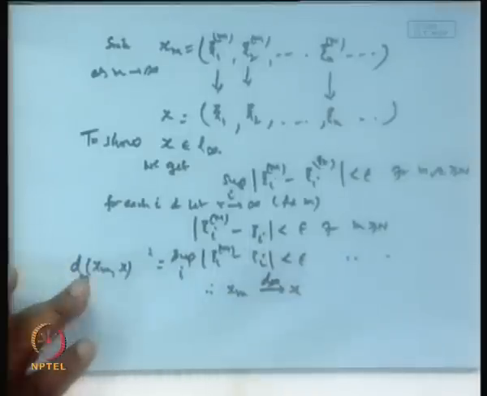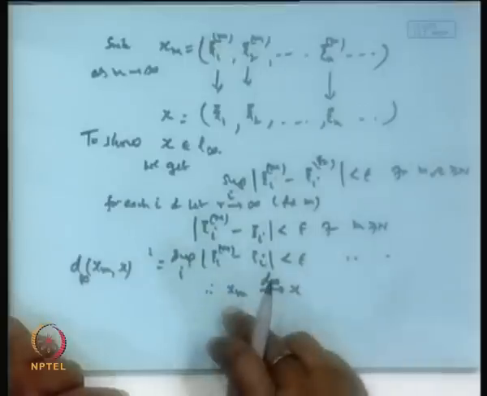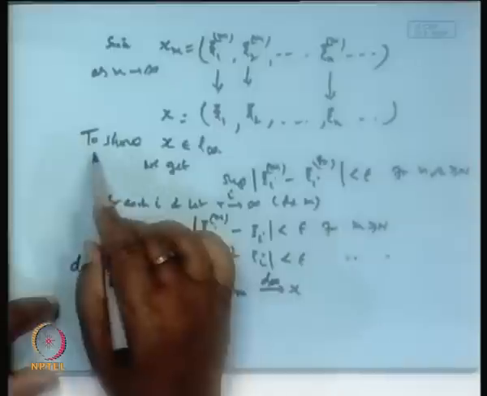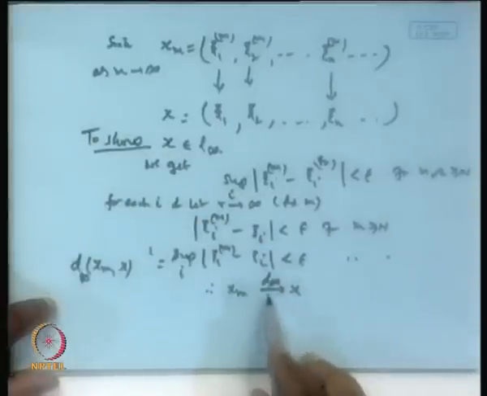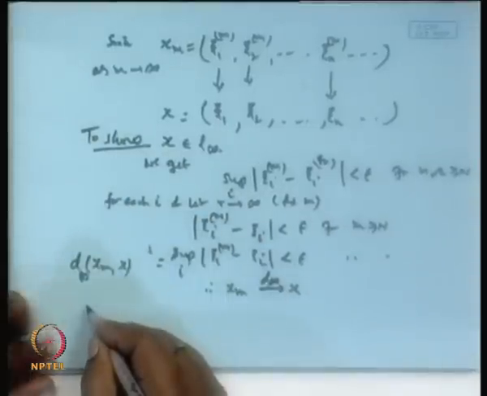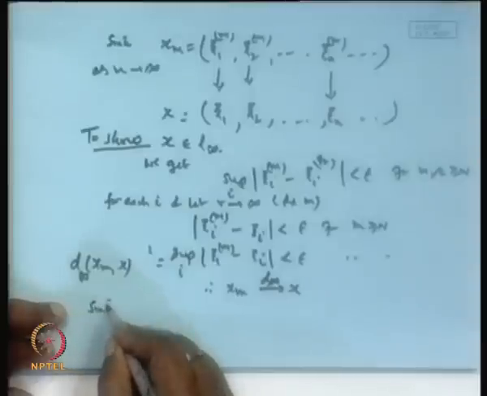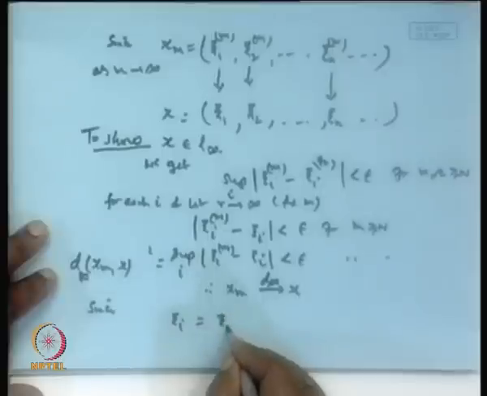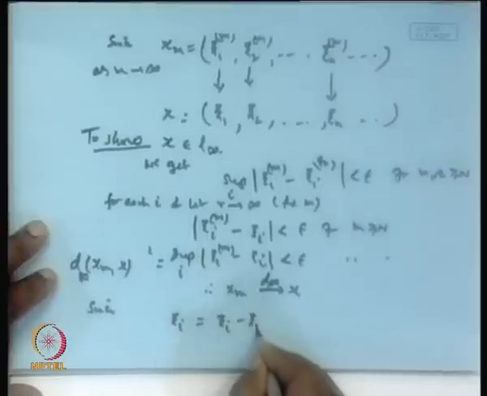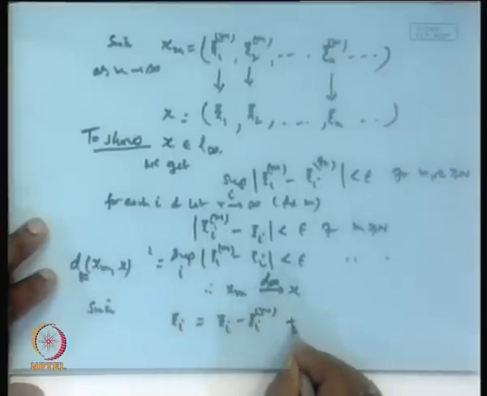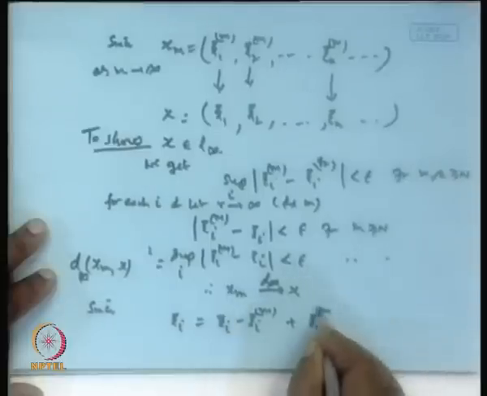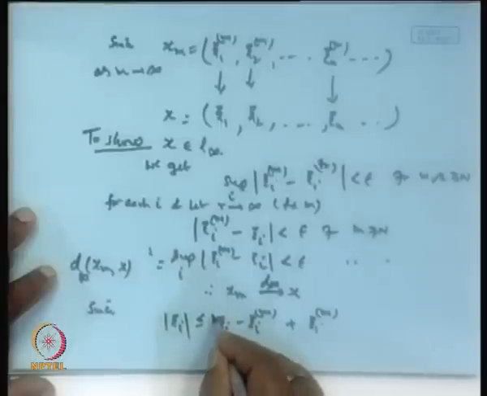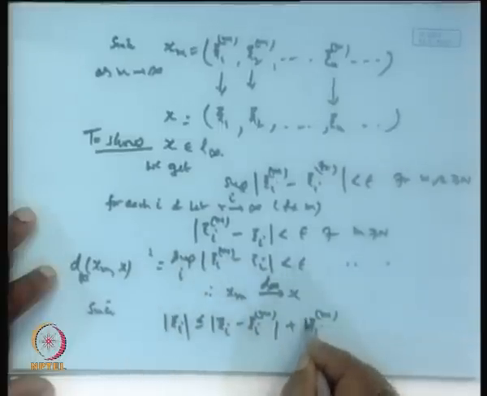Is it okay? Now, if x belongs to this class also, then it is fine. To show that x belongs to this class, since xi_i, we can write it as xi_i minus xi_i^m plus xi_i^m. So the modulus of this is less than or equal to the modulus of this plus the modulus of this.